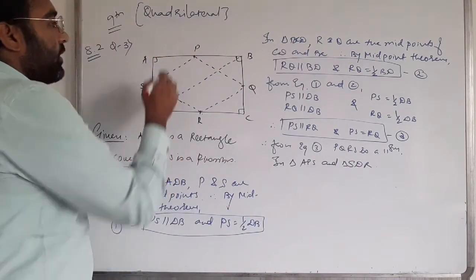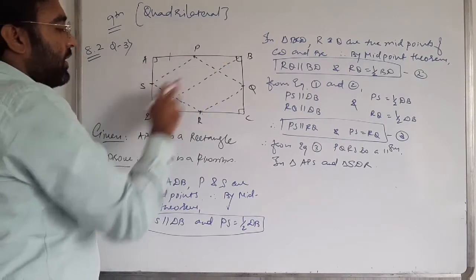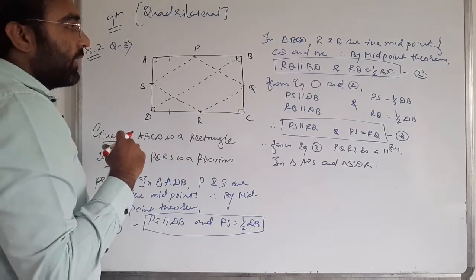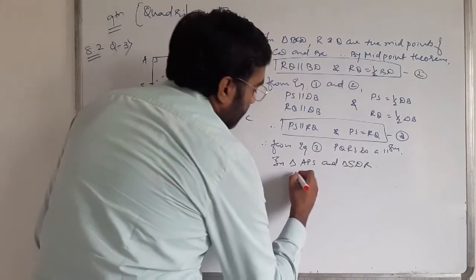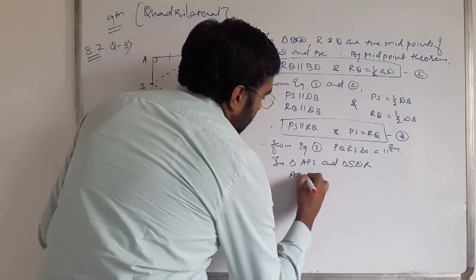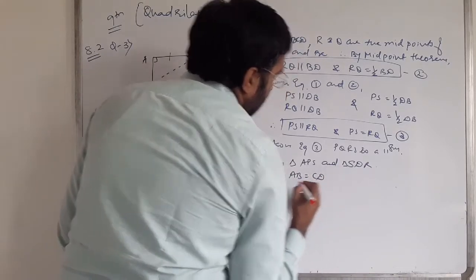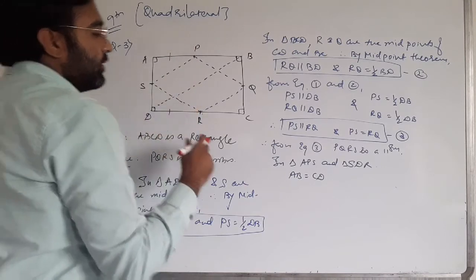In triangles APS and SDR, AP is equal to DR because AB and CD are equal sides of the rectangle, and P and R are the midpoints.